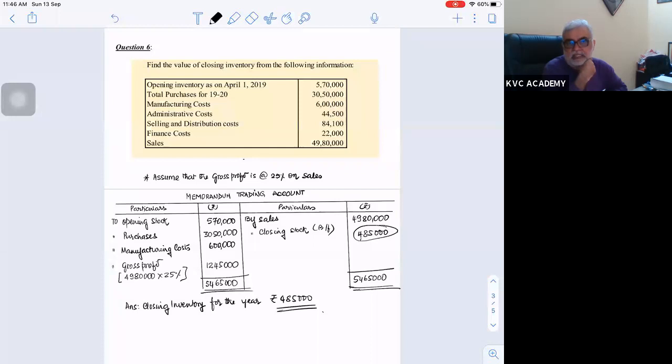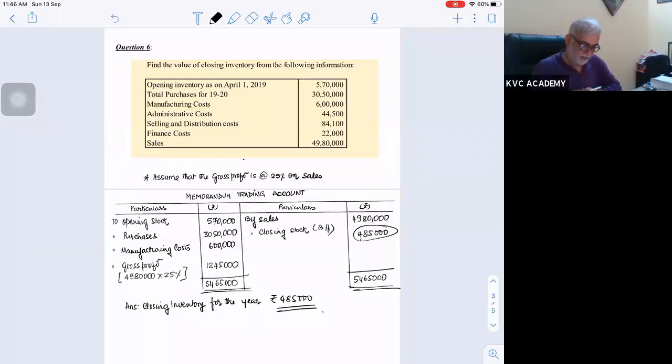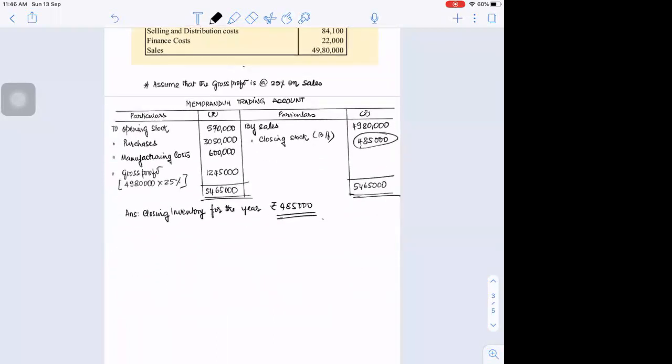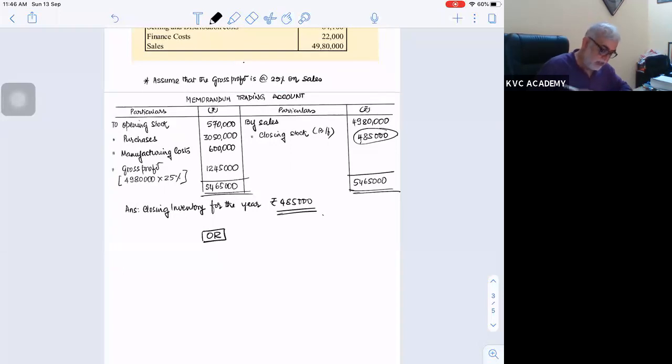Otherwise, you want me to do the statement method once and show the difference? We have learned in that format, no? So it would be better. Yeah, okay. I taught you this method. I still teach you. Once I did the statement format in class also.